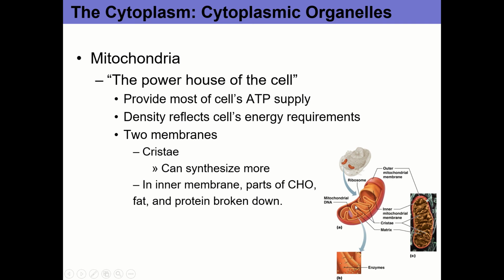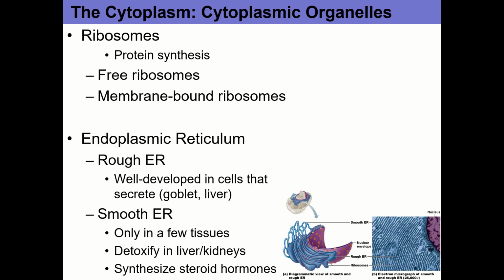So that's where we're going to break down part of our carbohydrates, as well as fat and protein. So when you eat something, to degrade it to ultimately reproduce ATP, most of that work in degrading that food late in the process happens in the mitochondria.